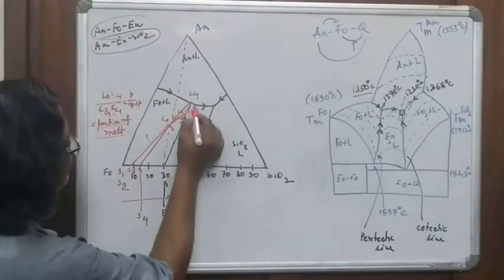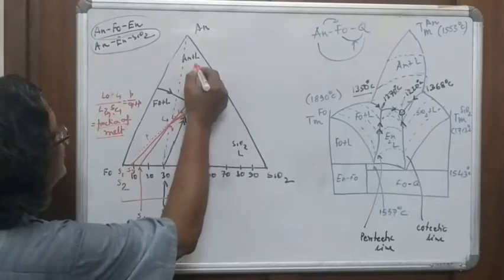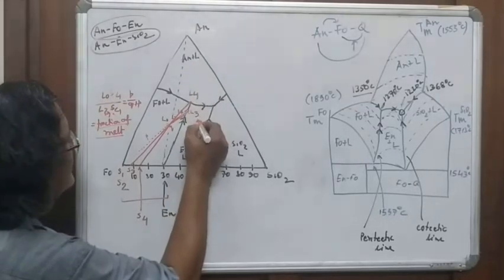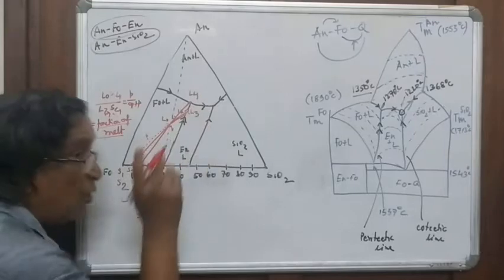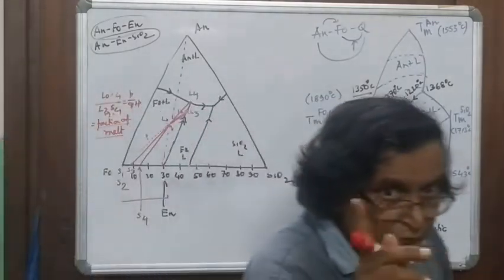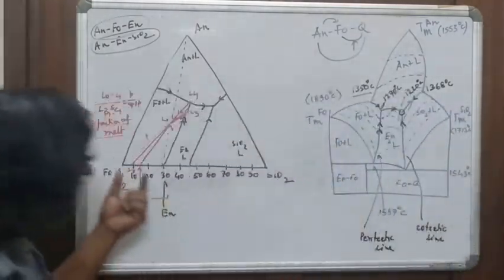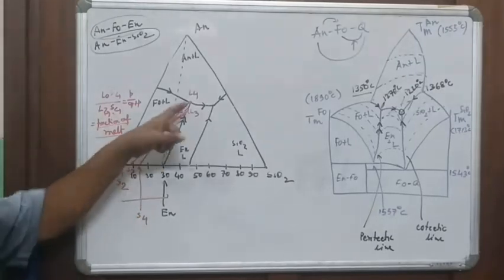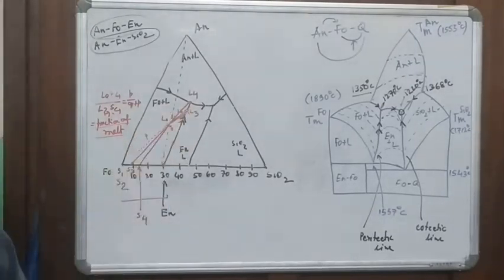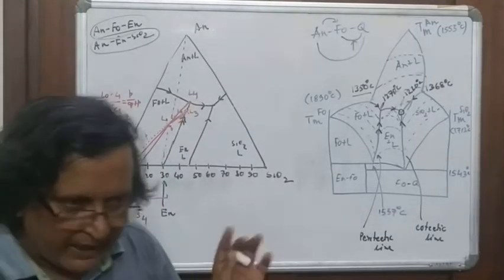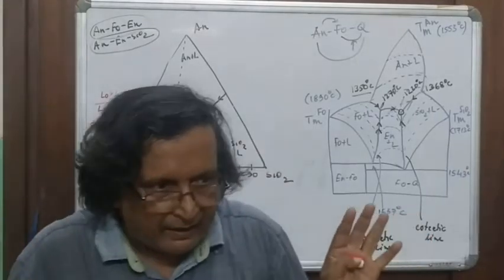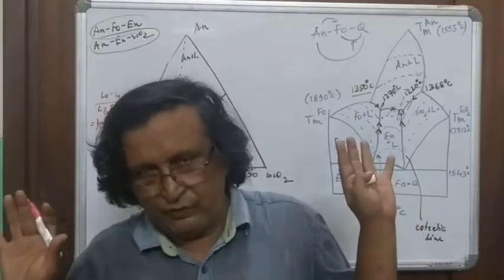Because if it moves this way, it should have anorthite and enstatite in equilibrium only. No forsterite. But you have forsterite. So the liquid cannot move, becomes almost immobile at L4.